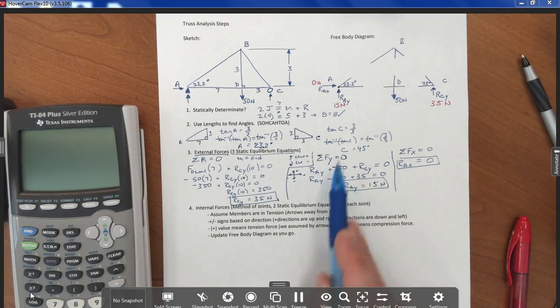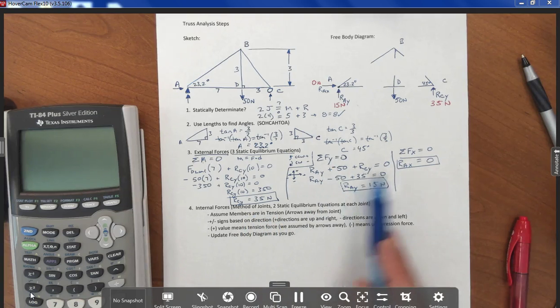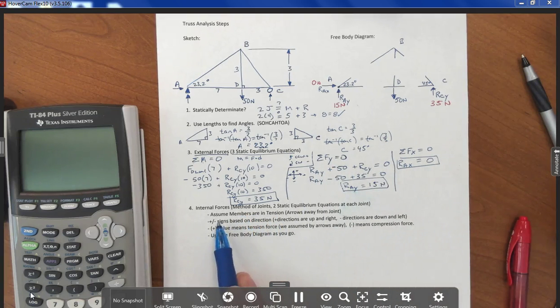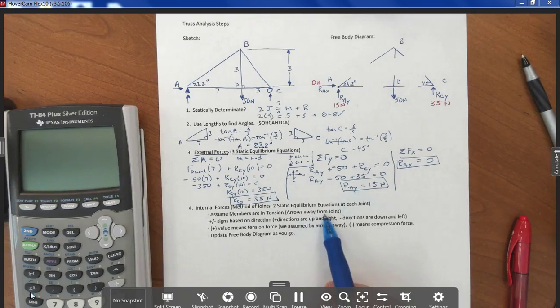So these two relationships we'll be using at each joint. We are going to assume that members are in tension. Tension means that the member is pulling on those joints at either end. So the arrows are going to go away from the joint. We're going to assume that. It might not be correct, but we'll assume it.